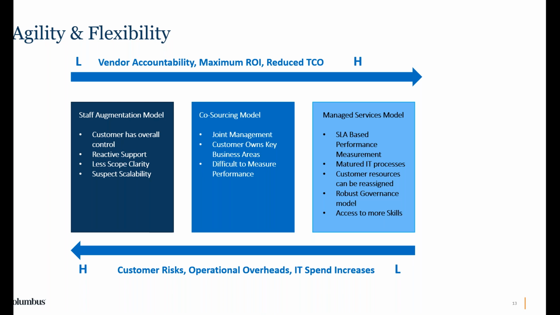When you think about, well, I'm using vendors to do things that maybe I should be doing in-house. And if you look over on the left, you'll see a staff augmentation model. A staff augmentation model simply means that I've gone out and it's a temp situation. You're paying a temp premium. You're in charge of managing that resource, figuring out what they have to do, how they have to do it.